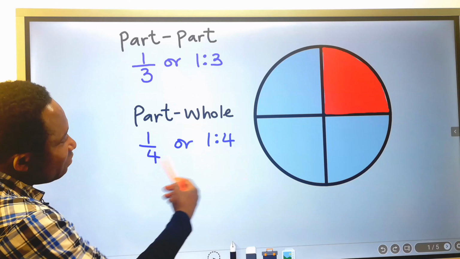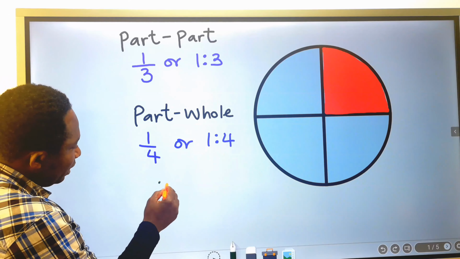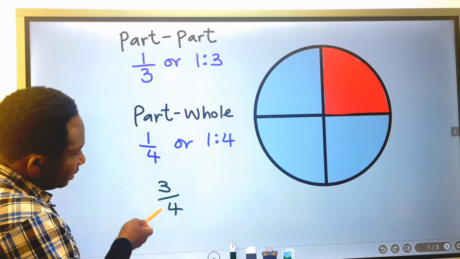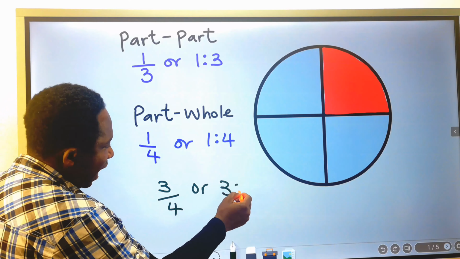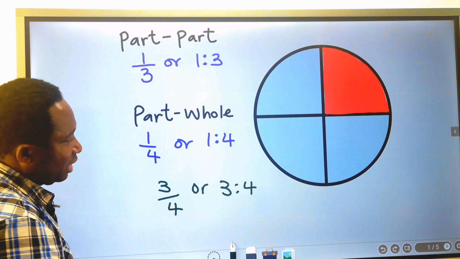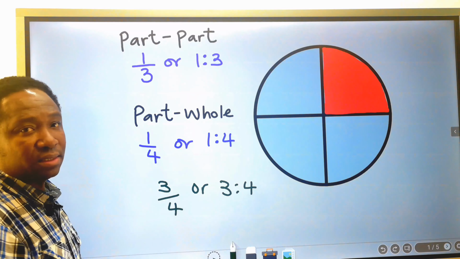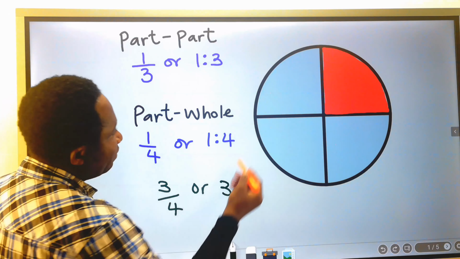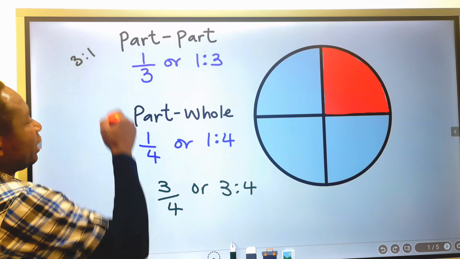And for the previous example, this can also be 3:4, because this is part-to-whole, which can also be written in this form in ratio. And for part-to-part, if we are considering this remaining portion first, we can have it as 3:1.